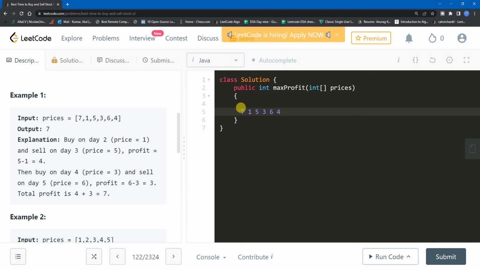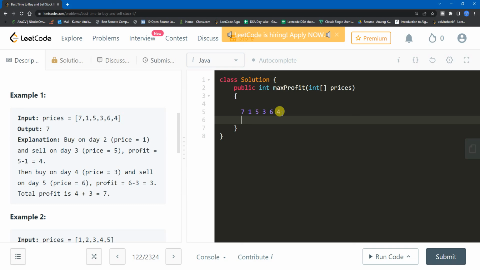This is our stock price for the different days. We don't know whether at the first day the value is lower or higher, whether the stock price is high or low compared to the next value.